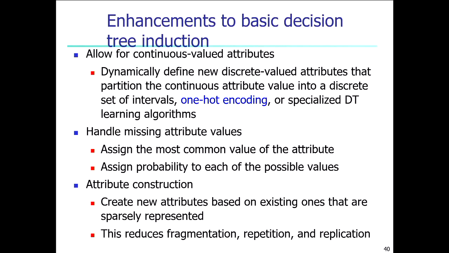So in order to further enhance the basic decision tree algorithm, there are several things that we can do in real applications. One is we need to deal with continuous valued attributes. Okay, basically we just discretize these attributes.